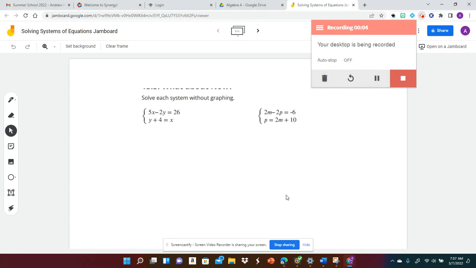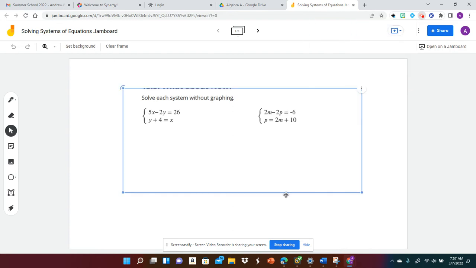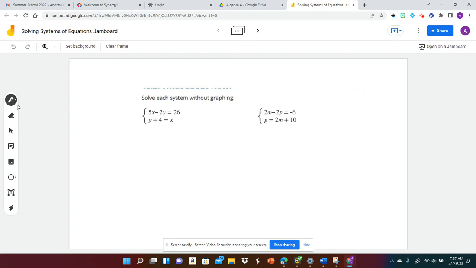Okay, so first we're going to learn how to solve this system of equations by graphing. Now, if I'm looking at the structure of this first system of equations, I know that the bottom equation is solved for x. So what I'm going to do is take this y plus 4 and put that into the top equation where x is.